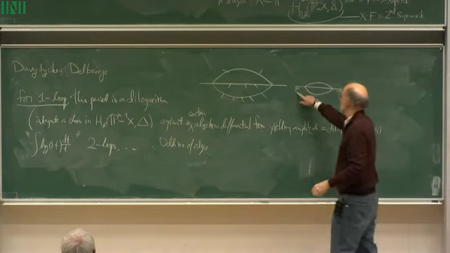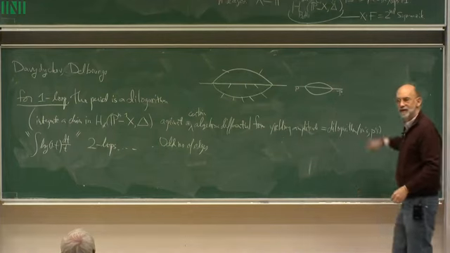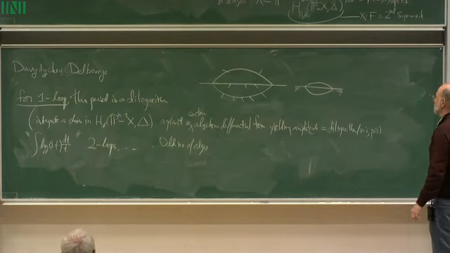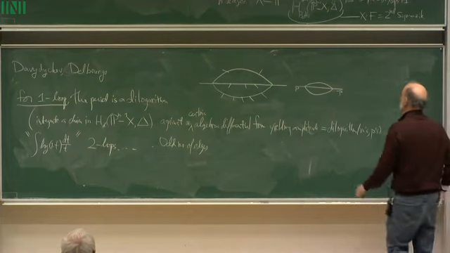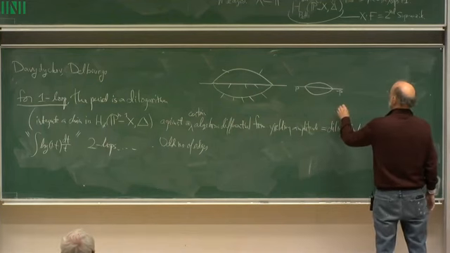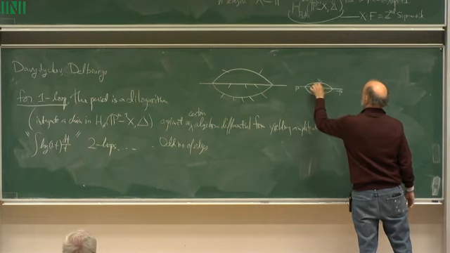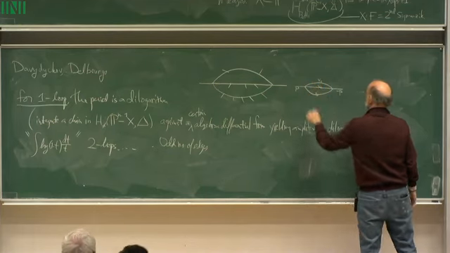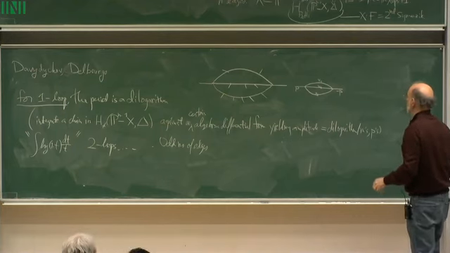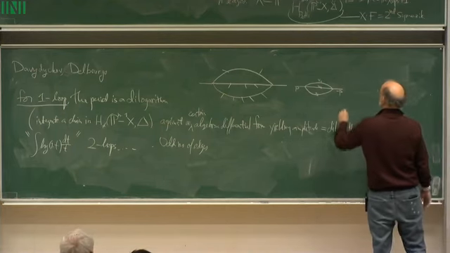So whatever comes in here has to go out over here. So in this case, let's name the edges x1, x2, and x3. And the second Symanzik polynomial looks like this.